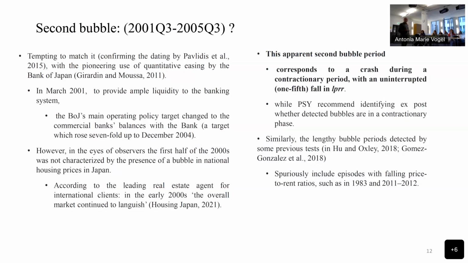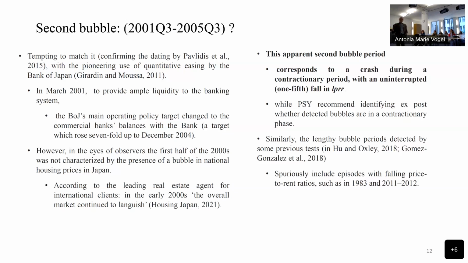Here, of course, we have many reasons to expect a bubble. Why? Because Japan was a pioneer in developing quantitative easing from March 2001 to April 2006. So this ample provision of liquidity, you would expect it to move quickly to the housing market. However, again, if we look at observers or practitioners in Japan, they say no. At that time, the market was really languishing.